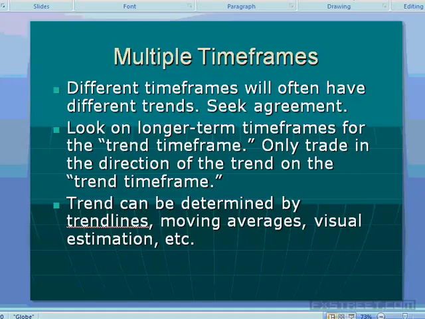Okay, multiple time frames. Different time frames, as we always know, will have different trends. I'm looking to seek agreement. So on my strength-weakness database, not only do I have different strengths and weaknesses on different time frames, but I also have a feature that tells me if there's agreement of the strongest and weakest on the different time frames.